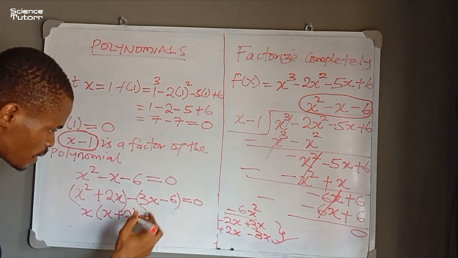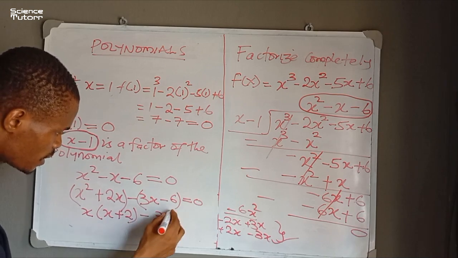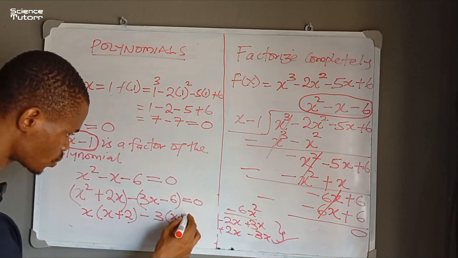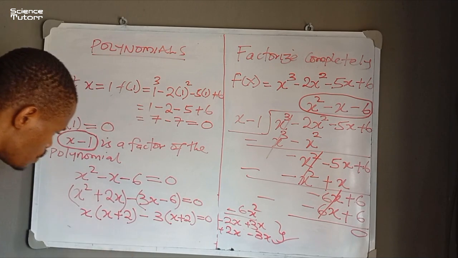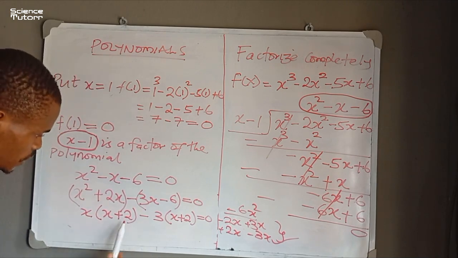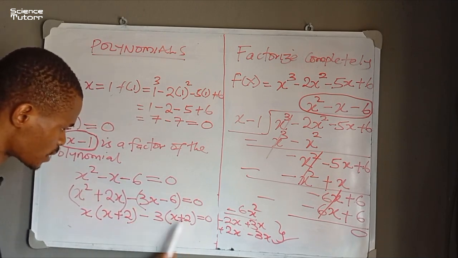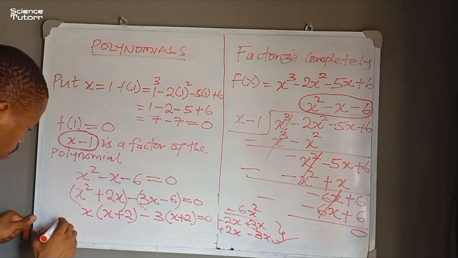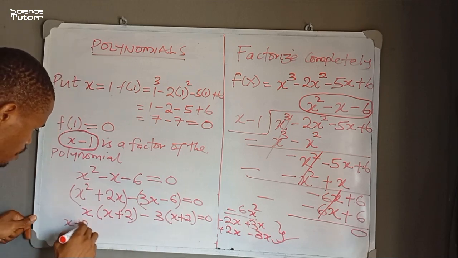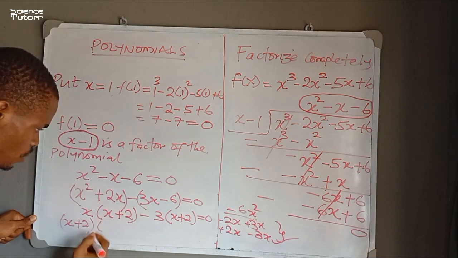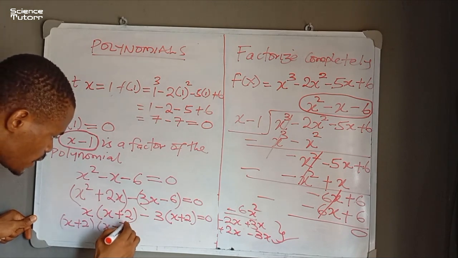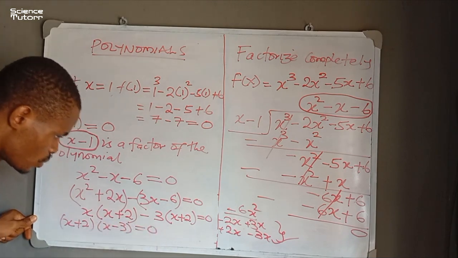This is a minus. Like terms here, we have 3 into x plus 2, which is 0. So the rule is what you have in bracket ought to be the same, so we pick one. We have x plus 2, and then we have x minus 3 to be equal to 0.